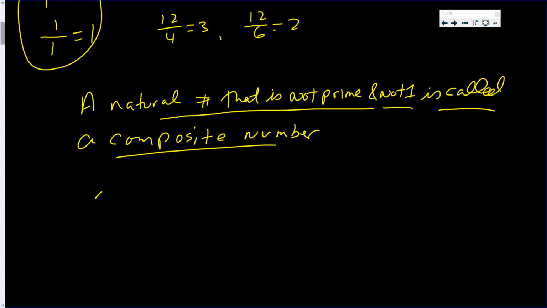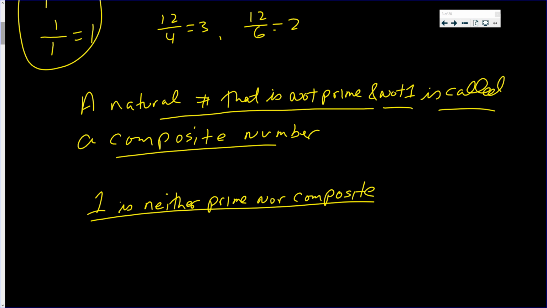Let's formally state that 1 is neither prime nor composite. Why? By definition. We removed it from the primes in the definition of prime numbers, and we removed it from the definition of composite numbers. Okay? 1 is neither prime nor composite.